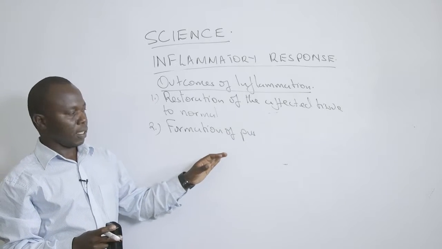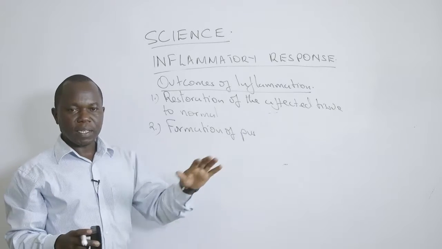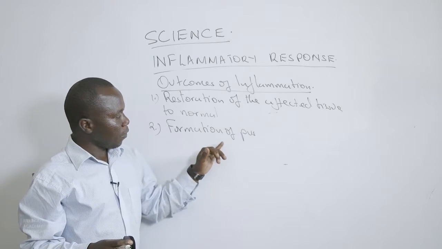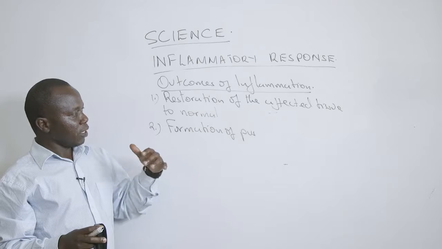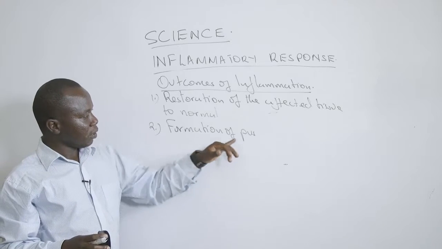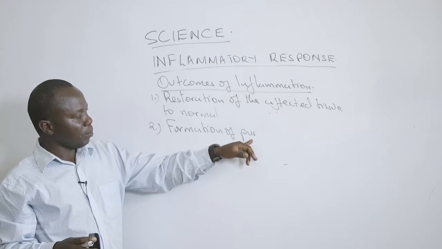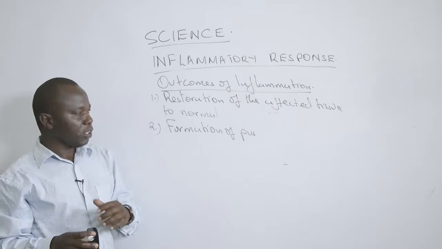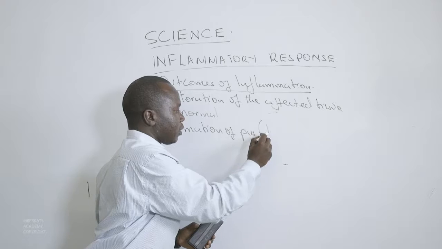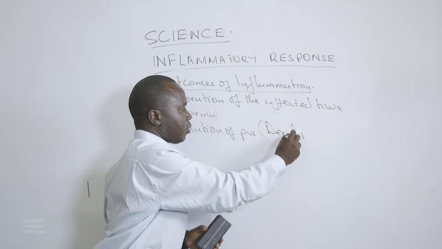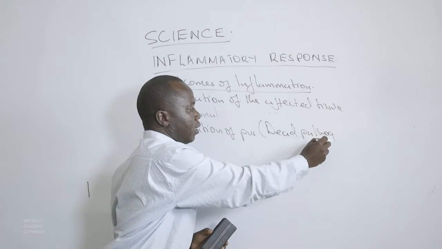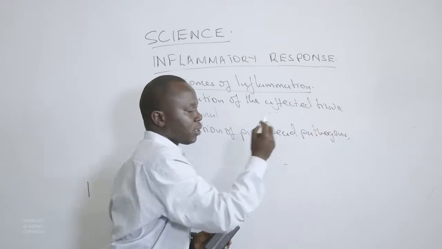Pus is creamish, depending on the intensity of inflammation. It is a liquid that is composed of dead pathogens. If it was bacteria, we shall have dead pathogens.